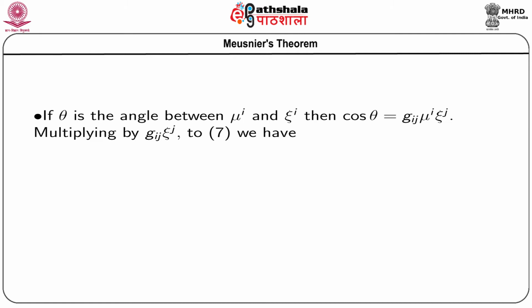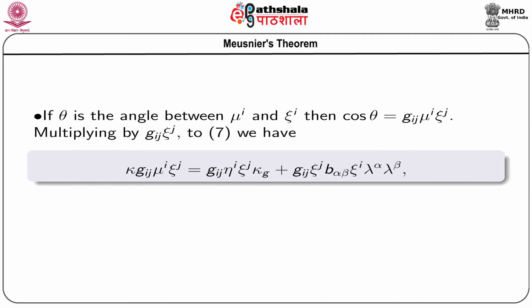Now, if 7 is multiplied by g ij xi j, then we have kappa g ij mu i xi j equals g ij eta i xi j kappa g plus g ij xi j b alpha beta xi i lambda alpha lambda beta.